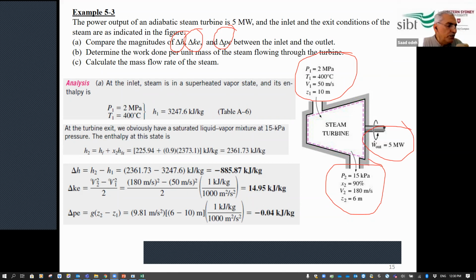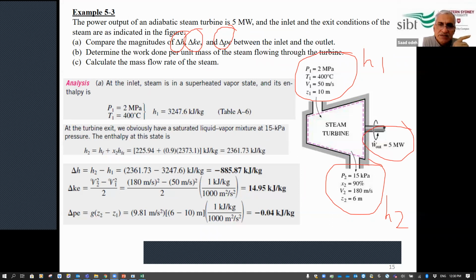So if you want to start solving this, we need to find the enthalpy at the inlet, H1, but also we need to find H2, because enthalpy is the key factor in the energy equation. To find H1, as you can see, the steam is at high temperature and pressure.